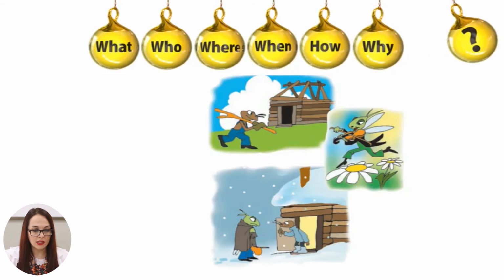So let us work a little with this fable. What season was it when the grasshopper was dancing and singing while the ant was working hard? Do you remember? It was summer. Who was lazy and who was hardworking?